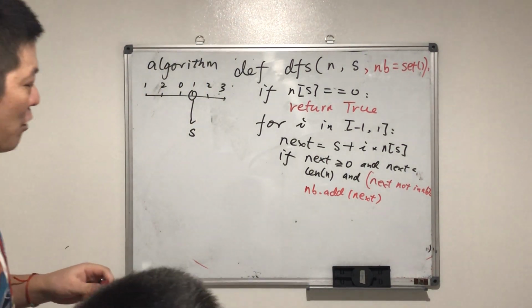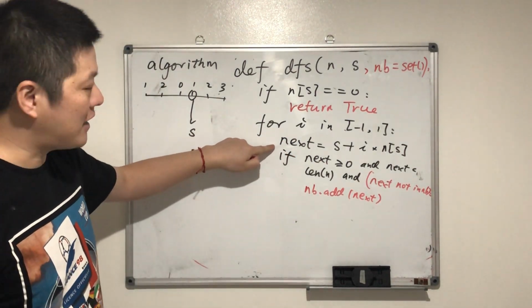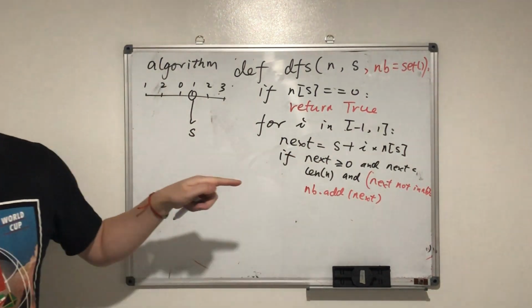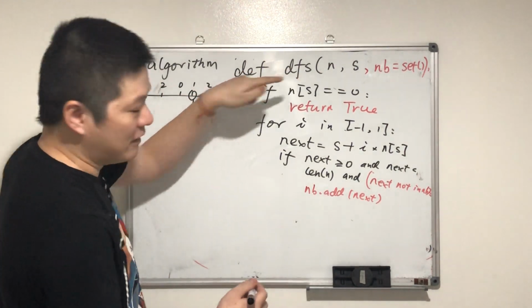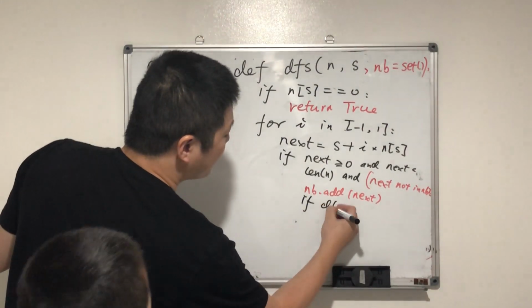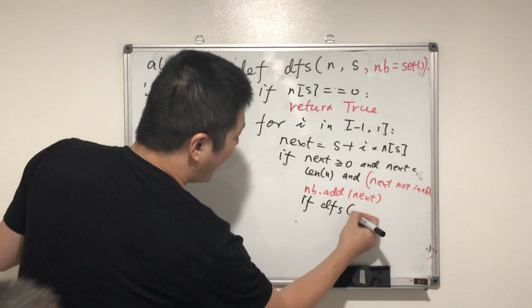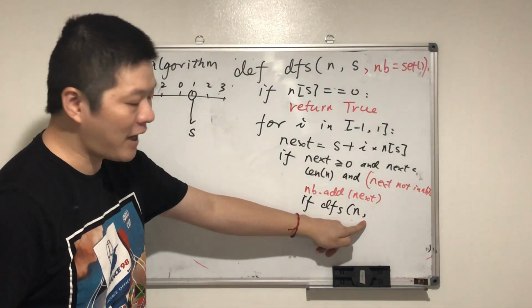Now, okay, so now we have the next. Step first, do you still remember recursion? Yeah? Calling itself. So now we need to call the function. If DFS, we're calling this function, and what should I be passing here? Next position.